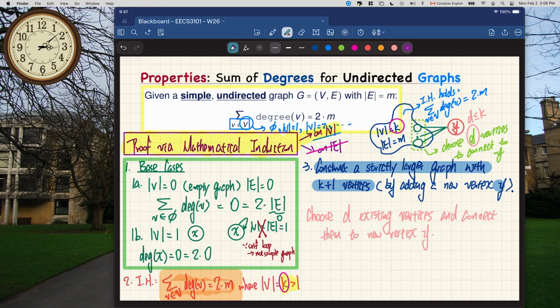And of course, it's important to still remember, D here should be less than or equal to k. Think about these two lines as just the strategy of extending the graph. Once we can see the extended graph, we can play with the property again to see that the property still holds for just one more vertex. Let's put something aside. I think that can help you a little bit.